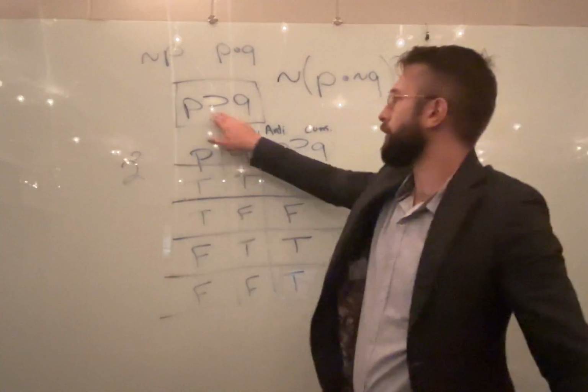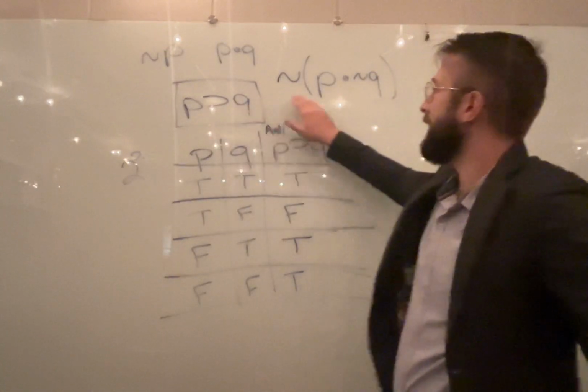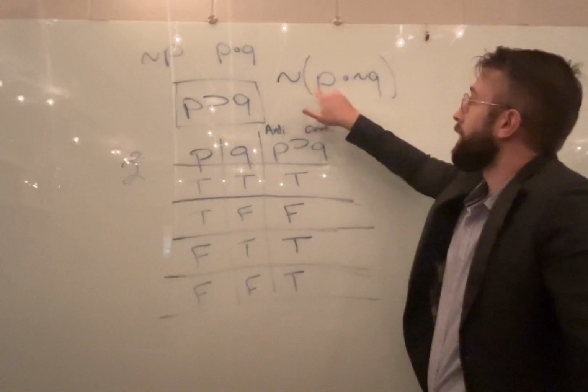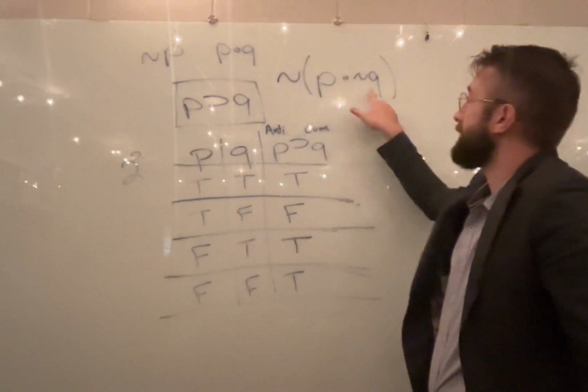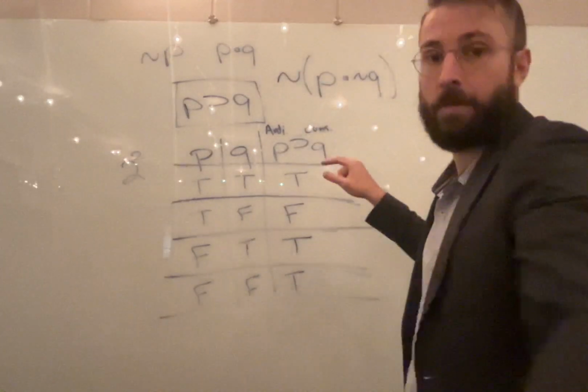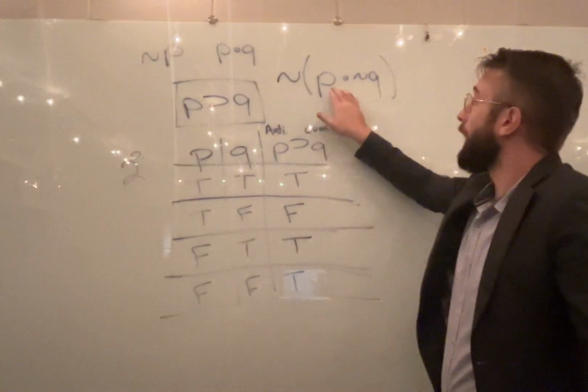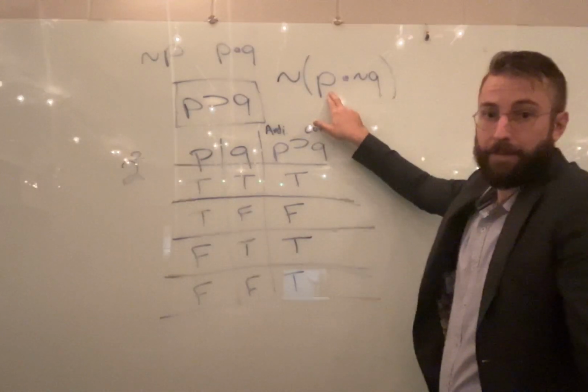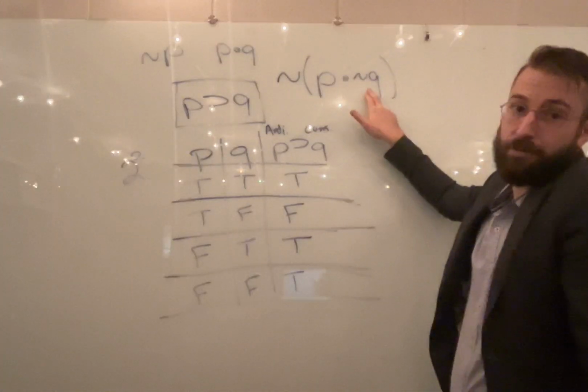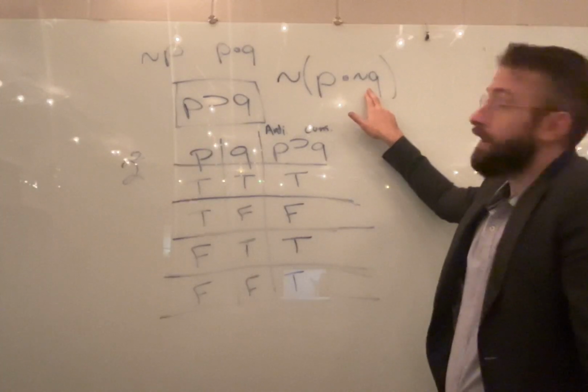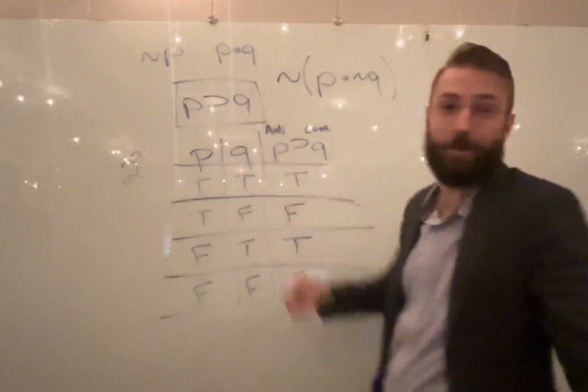If P then Q is the same thing as not P and not Q, where P is true and not P is true, then if P then Q is false.